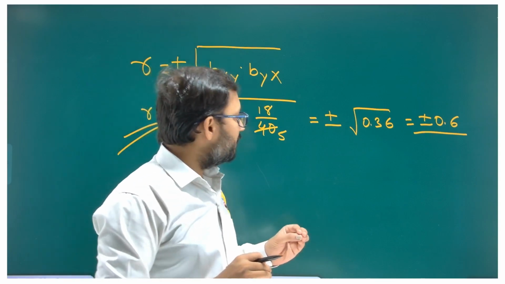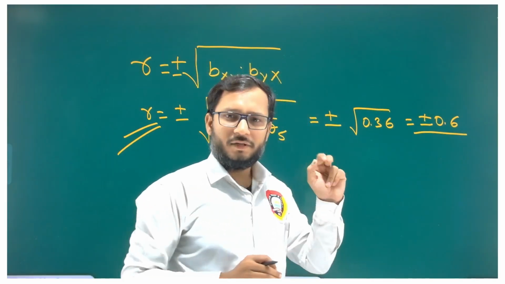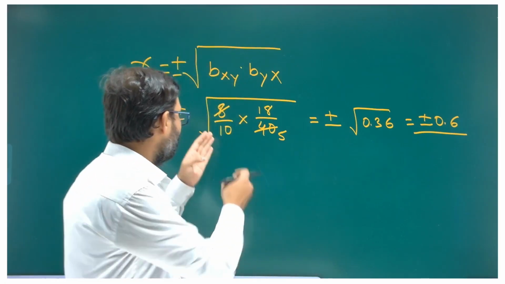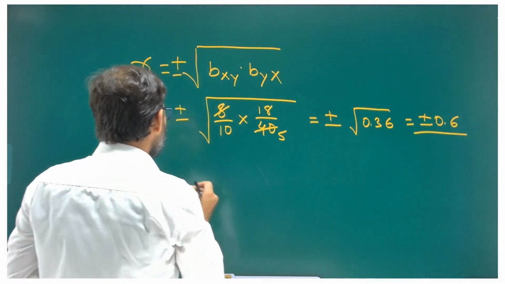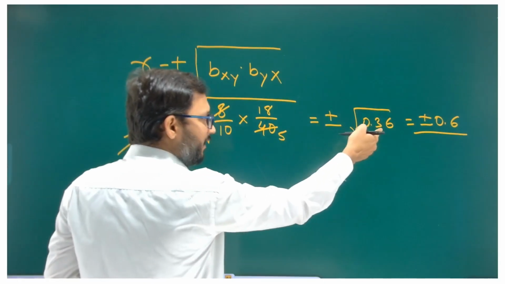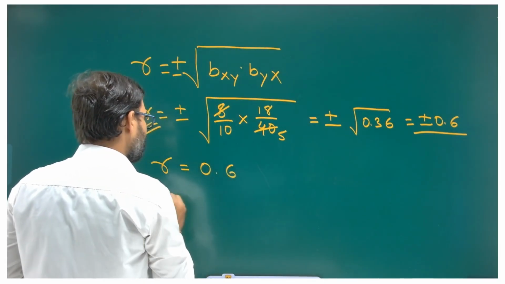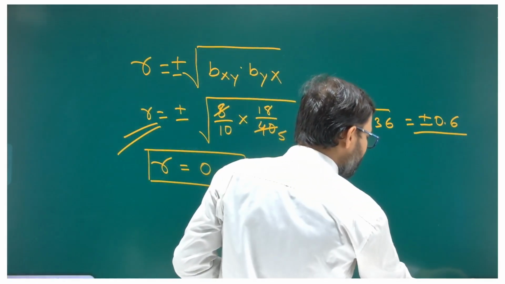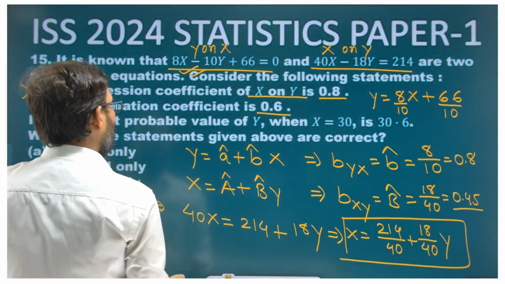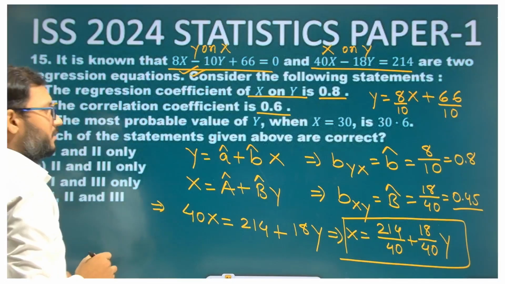And here both regression coefficients are positive, as we can see. So r will not take any negative sign, it will take only the positive sign, r equal to 0.6. So the correlation coefficient is 0.6, and statement 2 is the correct statement.